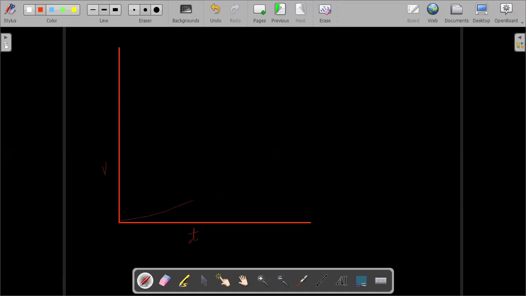Again, the graph is increasing, then it's like this, and then again the shape of the graph is same. So what do I get from this? Again, if I draw the tangents at different points, let's say I draw a tangent at this point, I draw a tangent at this point, I draw a tangent at this point. So what do I get? By finding the slope of the tangent, what do I obtain from the velocity time graph?